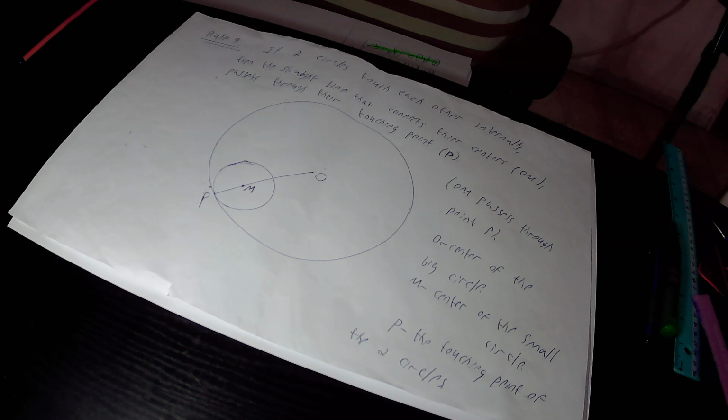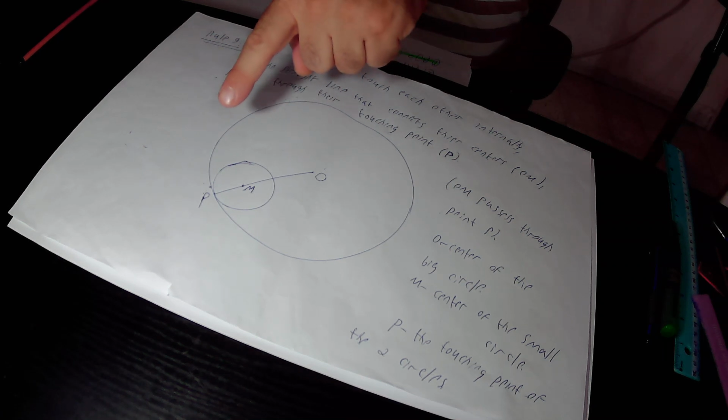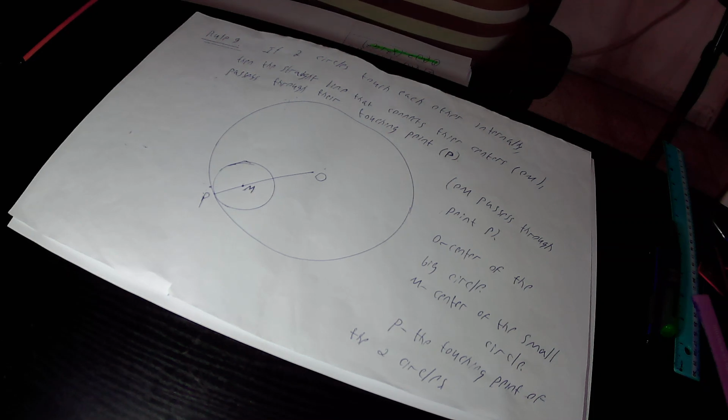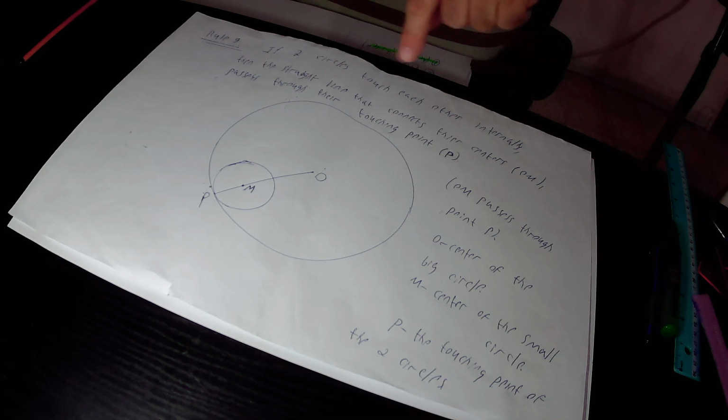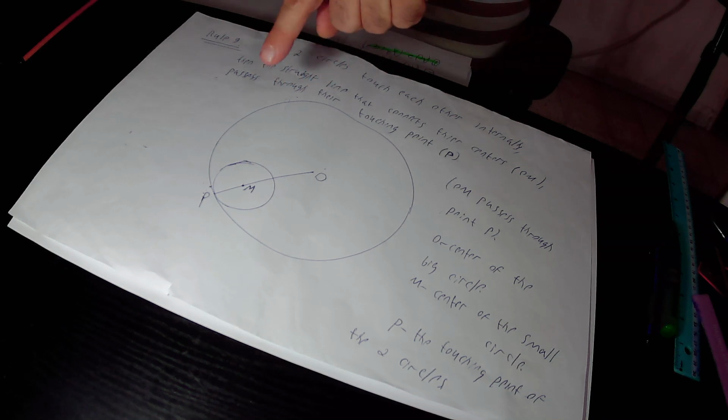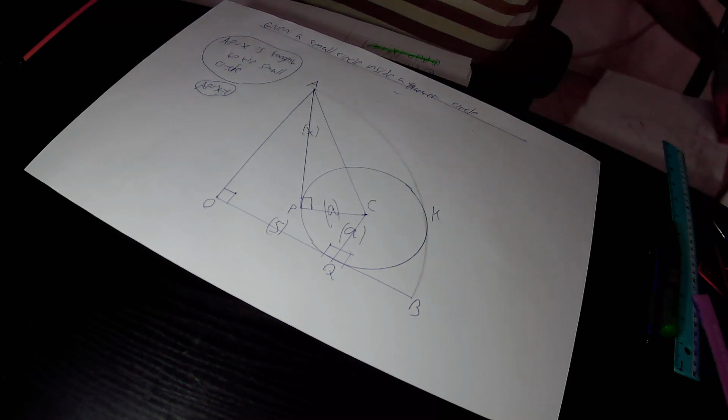And according to rule 9, the straight line OM must pass through their touching point, that is point P. Again, O, M and P is one straight line according to this rule 9.